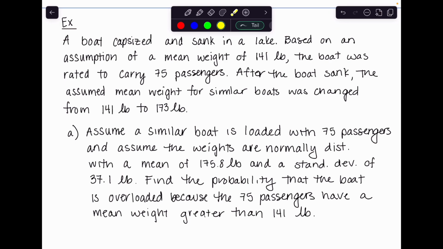So essentially here, we have our true mean for our population and true standard deviation. And we're dealing with a sample of 75 random people going on this boat. So we're going to see what is the probability that they have a mean weight more than 141 pounds, because that's the chance of the boat being overloaded.